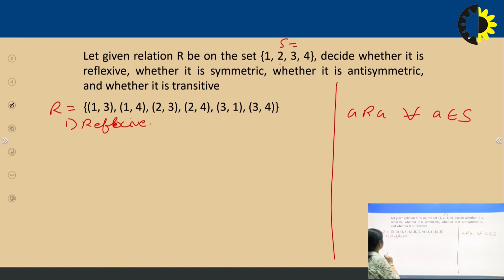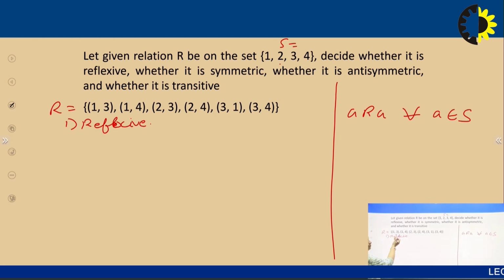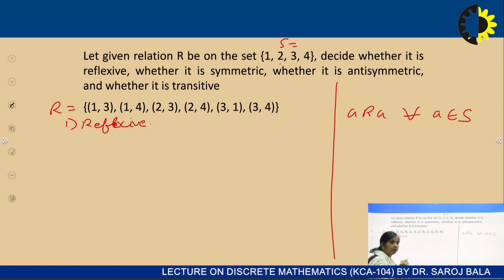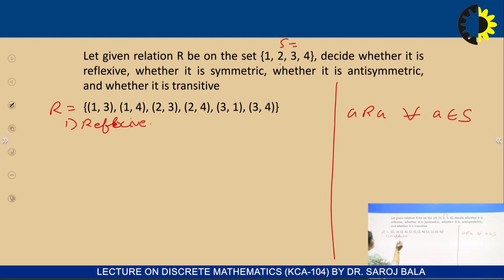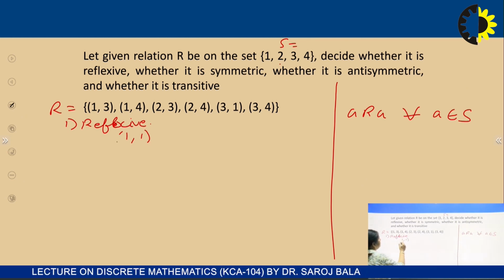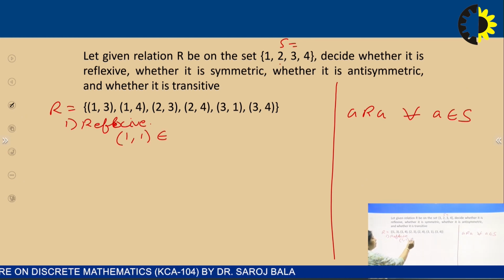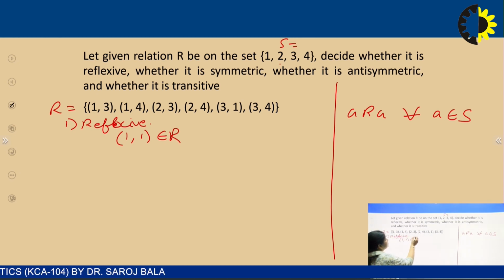So now let us check. Do we have (1,1) here, (2,2) here, (3,3) here, (4,4)? It means 1 is related to 1, so (1,1) should be present in our relation. So we need to check whether (1,1) belongs to R or not. We can check that (1,1) is not present.